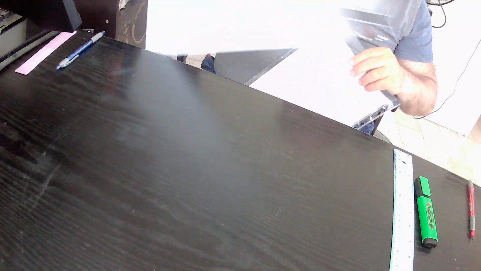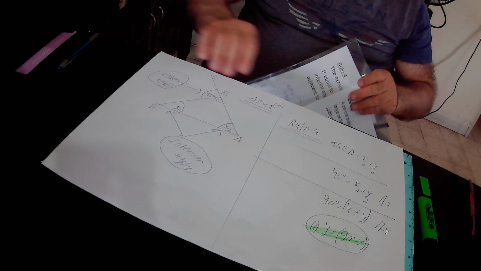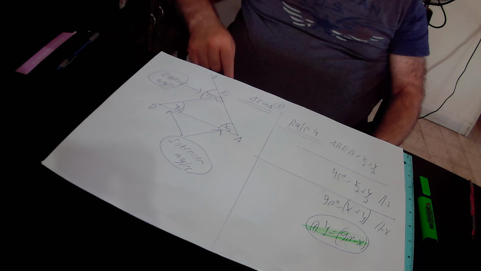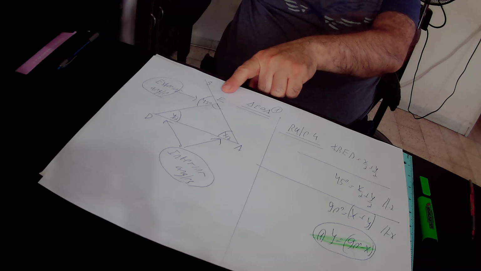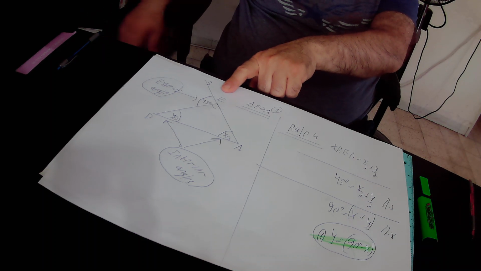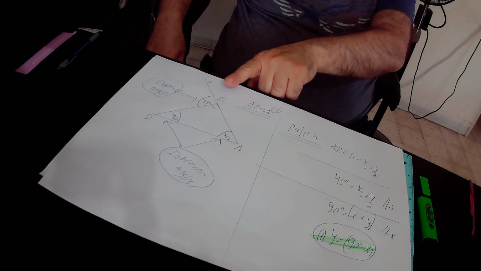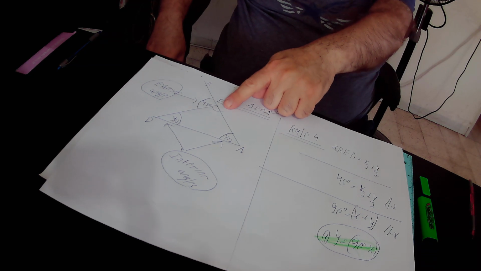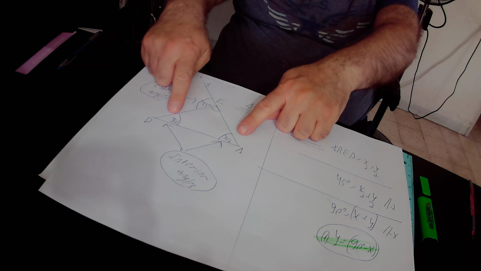Why? Because in our drawing, this is triangle BEA, and this is the external angle BED. And according to rule 4, the size of the external angle BED will be equal to the sum of the two internal angles that are not adjacent to it. This angle is adjacent to angle BED, and those two internal angles are not adjacent to angle BED.